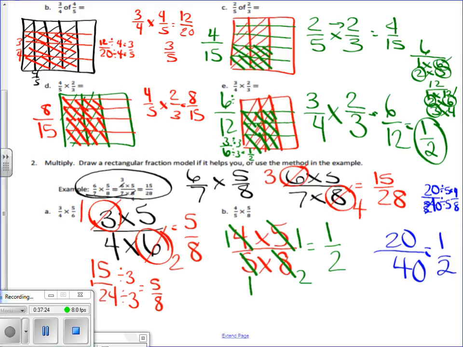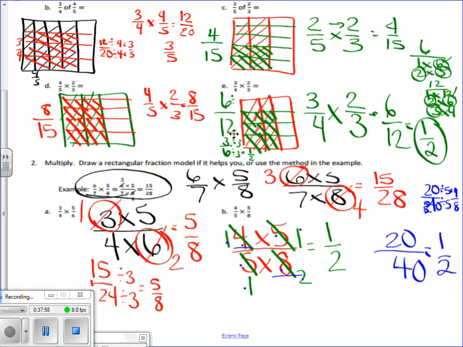Here we notice that the 4 and the 8 had a factor in common, and it was 4. You could do 2, but 4 is better. 4 divided by 4 was 1. 8 divided by 4 was 2. 5 and 5 had a factor in common, and it was 5. 5 divided by 5 was 1. 5 divided by 5 was 1.